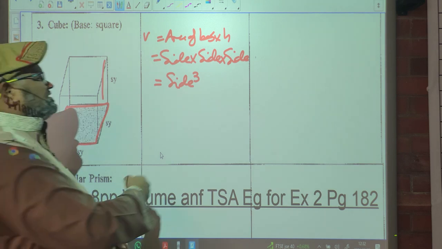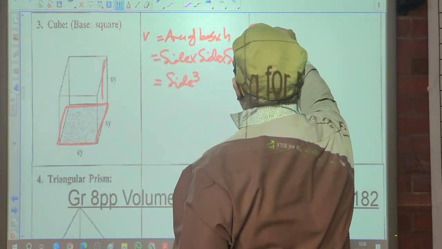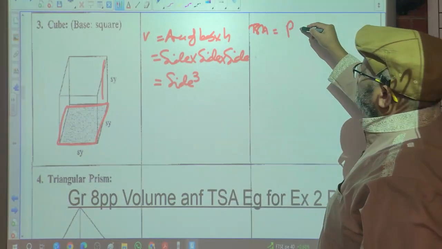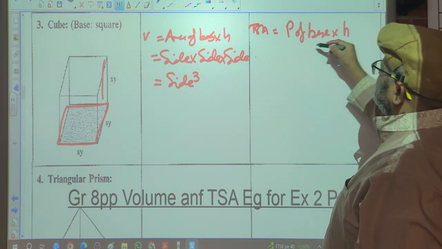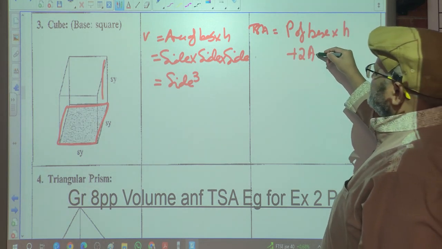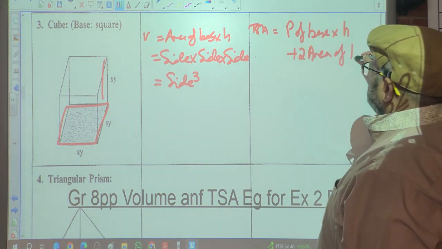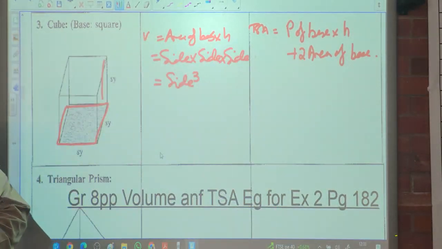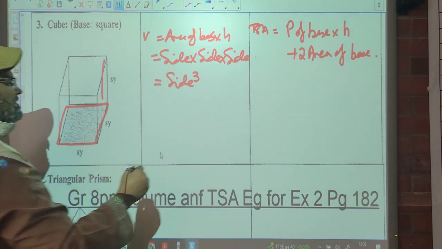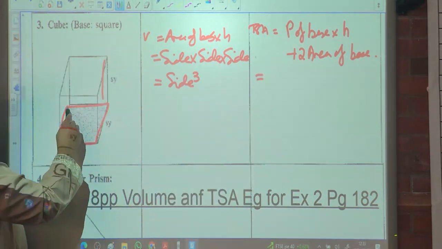Here we're going to look at the total surface area. How do you calculate total surface area? Perimeter of base times height plus twice area of base. You all agree with that? Whatever shape is its base, square base.